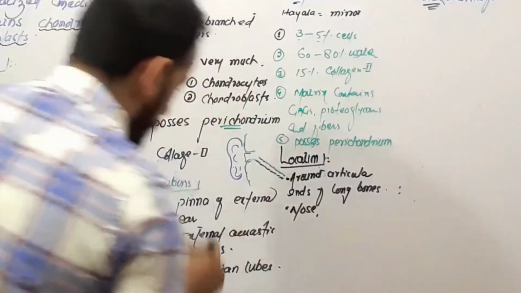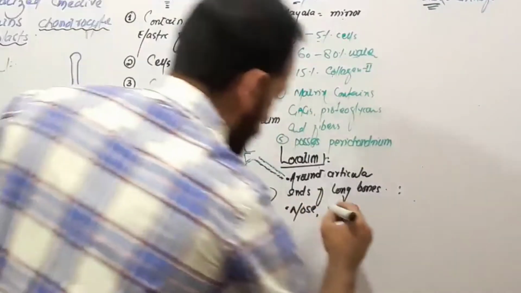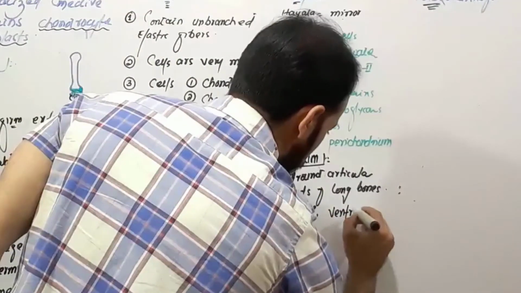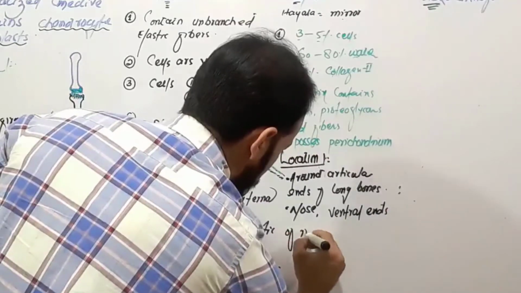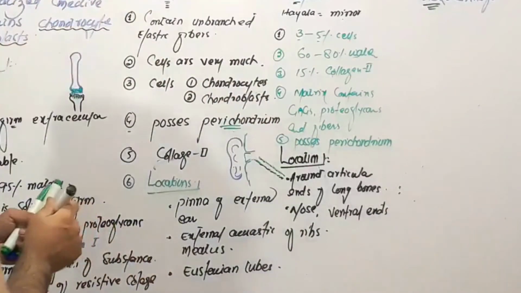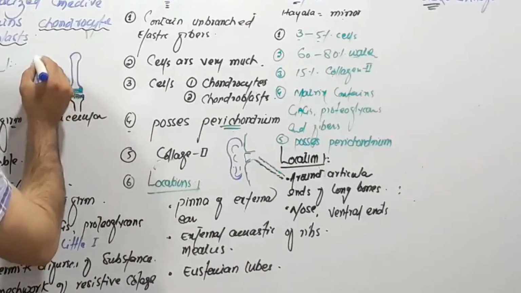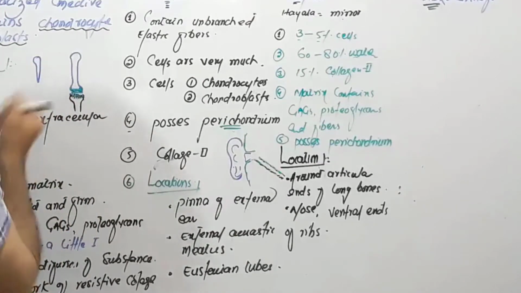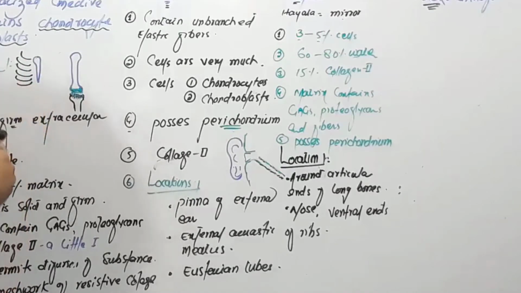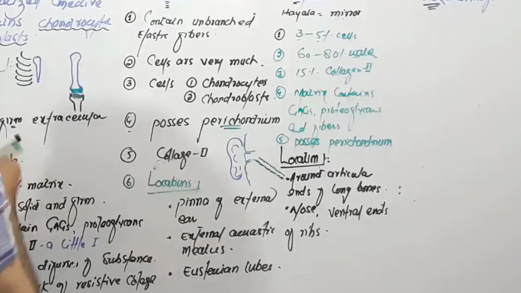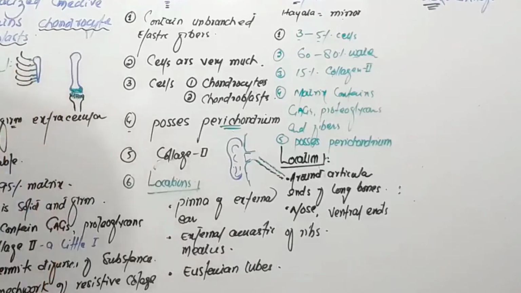The next area of the body where they are found is the ventral ends of the ribs. You know, there is your sternum, and then there are your ribs, the true ribs. So in between the sternum and ribs there is the presence of hyaline cartilage.